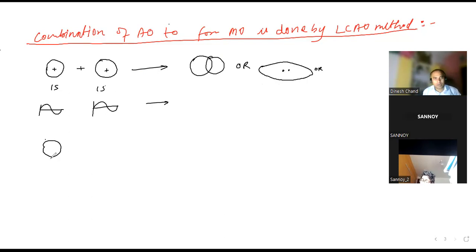Suppose this is the S orbital, this is the 1s, and this is the 1s, but here the rotation is clockwise plus for one and minus for the other. Plus and minus means the wave function psi plus and psi minus.